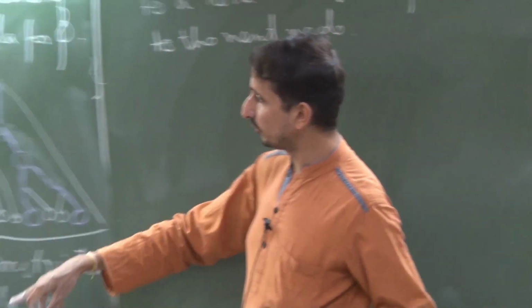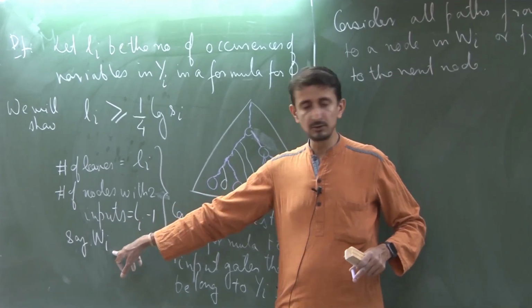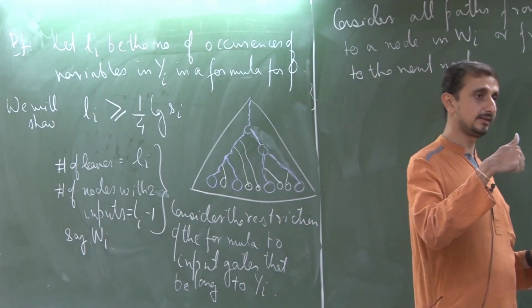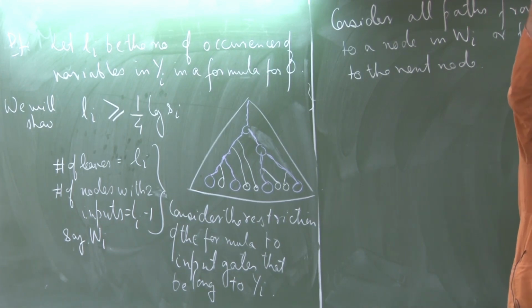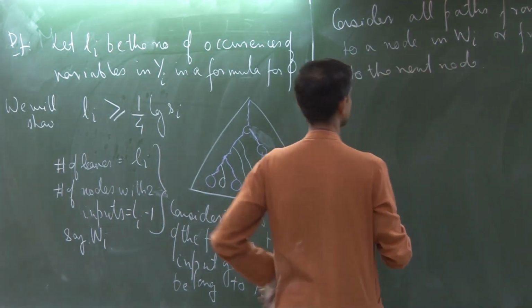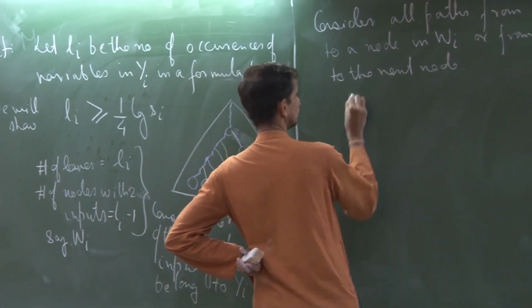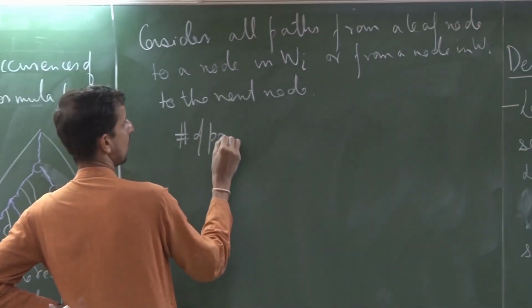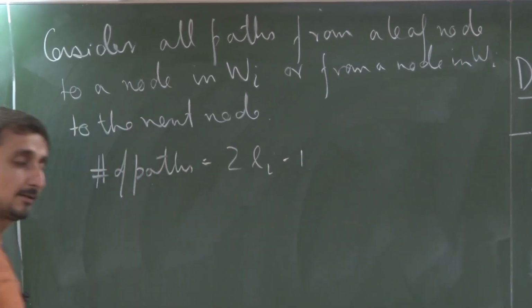Corresponding to each leaf and each node in wi, I will have one path, which is the path going from that node to the next node above it. So, the total number of such paths is equal to 2 Li minus 1.